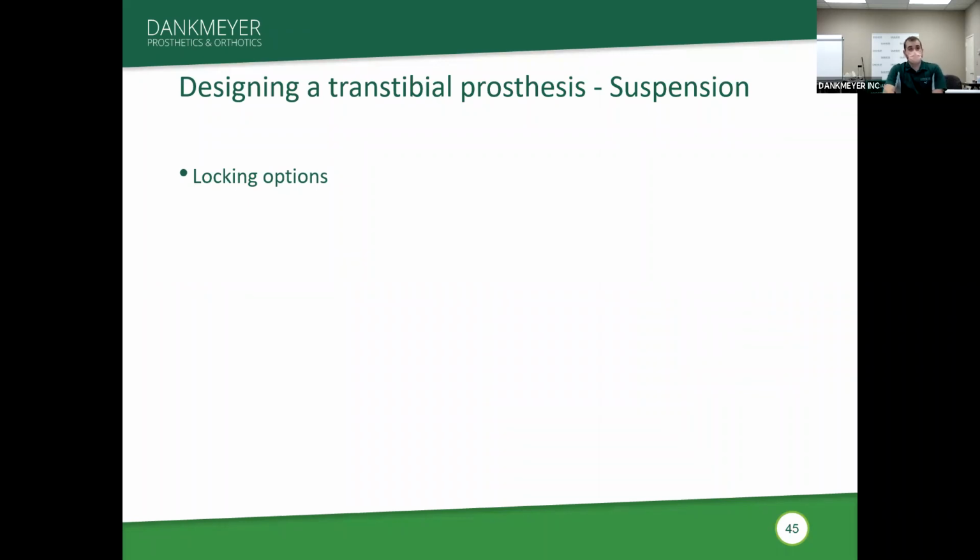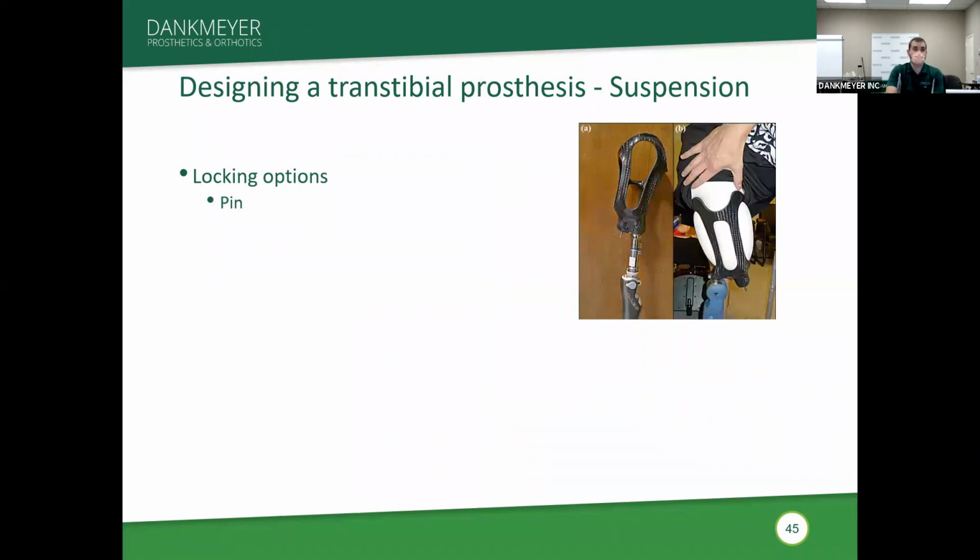Of course, there are locking options for transfemoral prostheses. Pin can be used. I don't use pin very often. It's really hard to line up the pin on the end of the locking liner with the distal pin receiver in the socket within the locking mechanism. That can be difficult to line up.